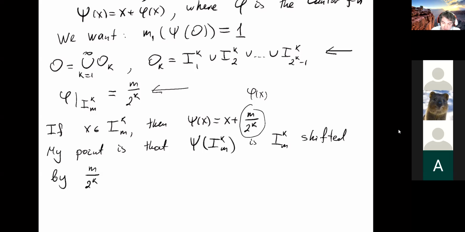Because psi on I_{k,m} acts almost like a linear function. If you cross out what's circled here, then psi will be just equal to x. So if the thing in the circle didn't exist, then psi of I_{k,m} would be the same as I_{k,m}. But because we have this circle term, which doesn't depend on x, when x is in I_{k,m}, we should shift I_{k,m}.